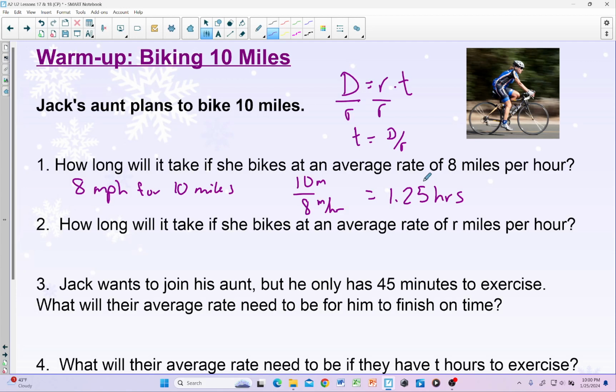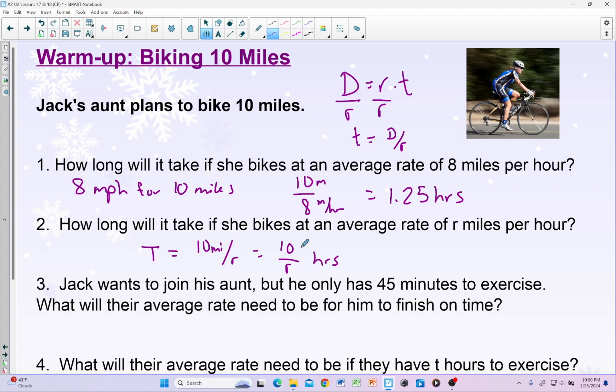And we will say that time is equal to 10 miles divided by r, or 10 divided by r. And that's going to be in terms of hours.